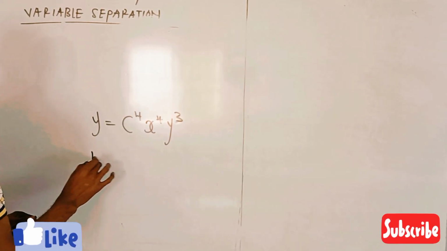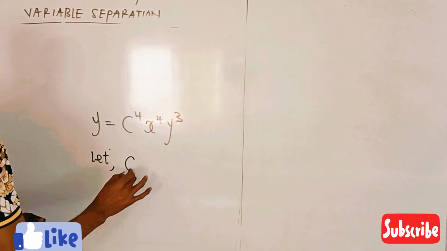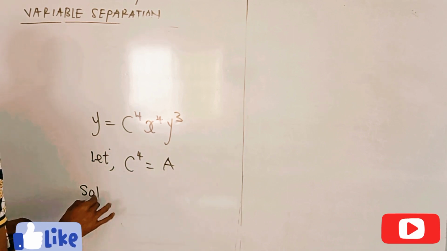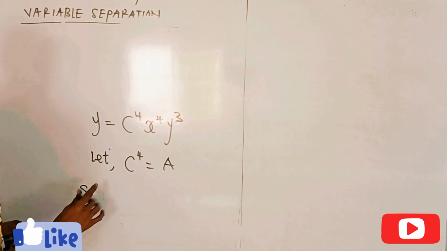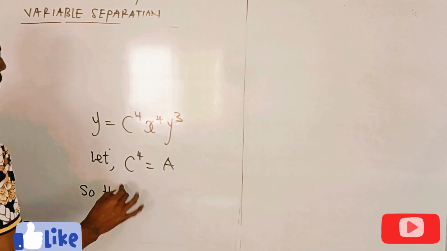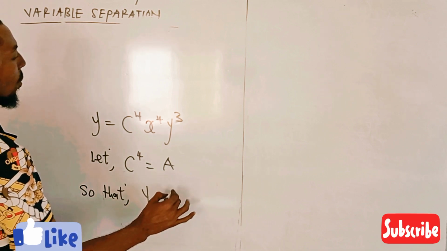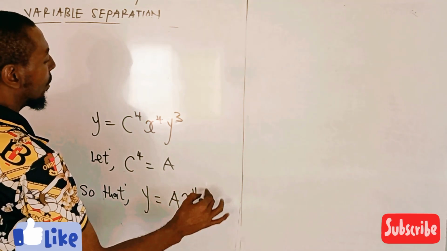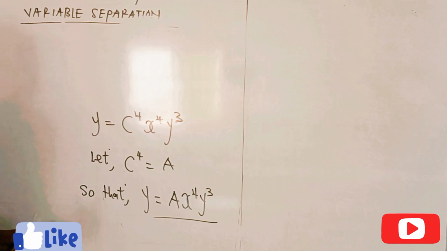We can let c raised to the power 4 equal to a, so that e raised to y is equal to a x raised to the power 4, y raised to the power 3. And then this will now serve as the final answer.